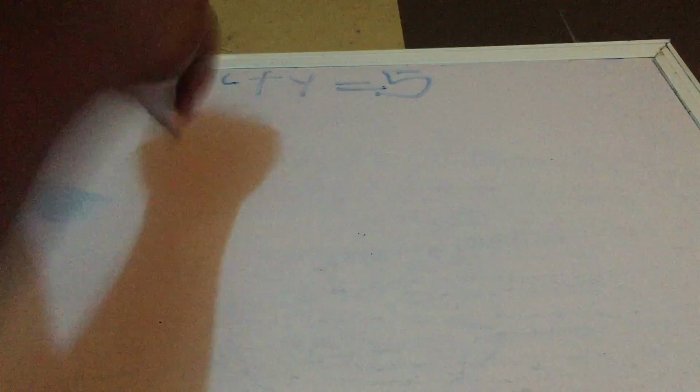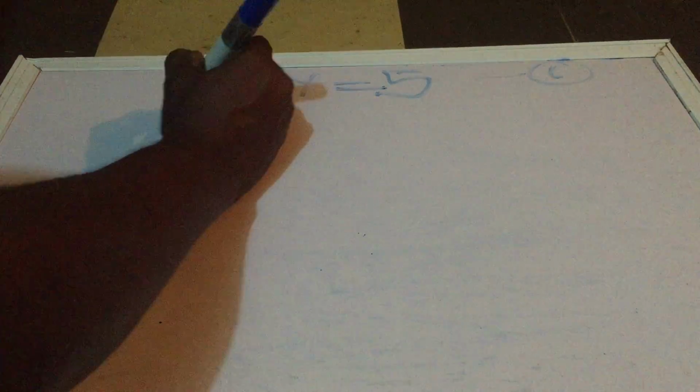Let's solve this one. x plus y is equal to 5. What happened to this marker? Oh. That's equation 1. And x minus y is equal to 1.